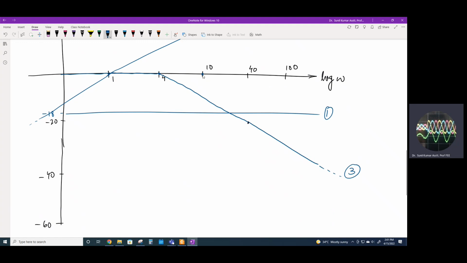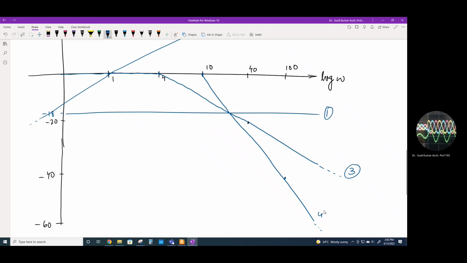So we start from here, and after reaching 100, it should reach minus 40 dBs, somewhere here. Let's connect. All right. Let's mention the slope.